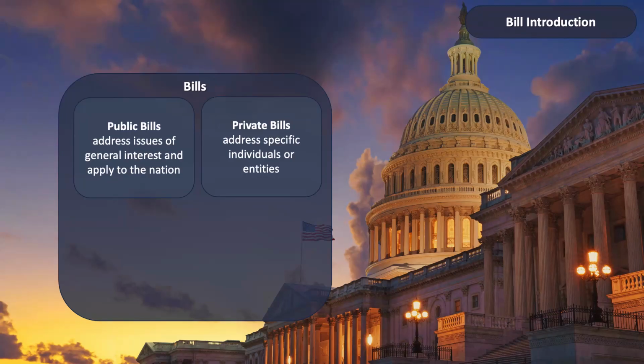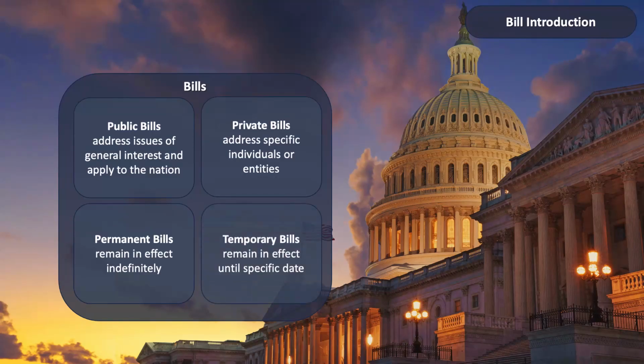Bills can also be designated as permanent or temporary. As the name suggests, permanent bills create laws that remain in effect indefinitely or until they're specifically amended or repealed by subsequent legislation. Such laws typically address ongoing issues or establish long-term policies and frameworks and become part of the permanent legal code. Temporary bills, by contrast, create laws that are intended to last only for a specific period.